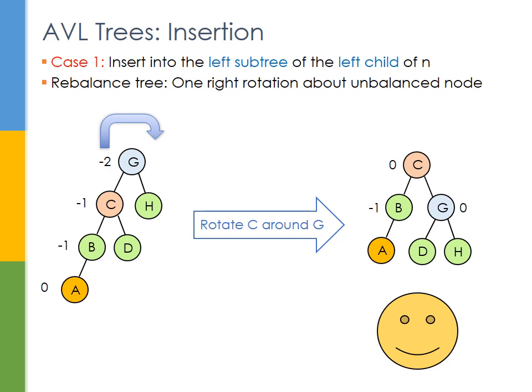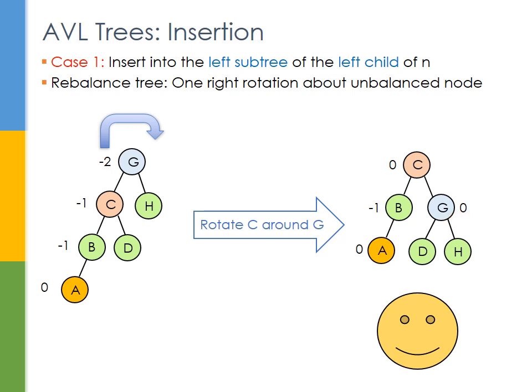If we look at node G, which has rotated down, we see that its balance factor now needs to be updated to 0. This is because we have the right subtree, which contains the node H, and the right subtree of node C, which has become the left subtree of G. Those two subtrees have exactly the same height, so we add 2 to the balance factor of the unbalanced node, giving us a balance factor of 0.